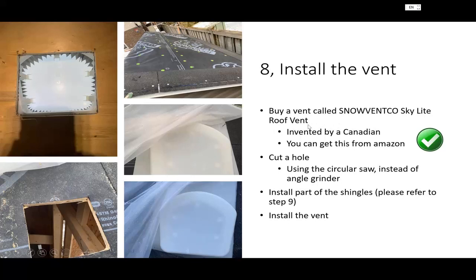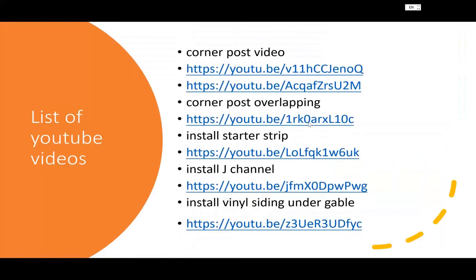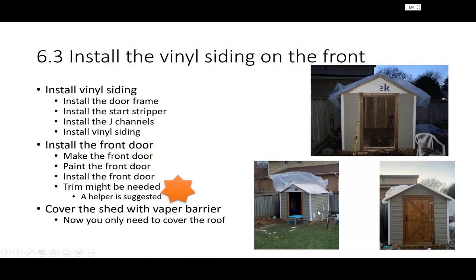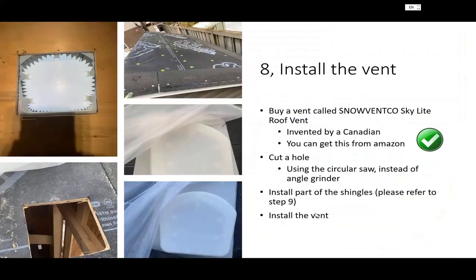One is ventilation. If you remember, we have a little vent here. This is the intake, right? So it's better that you have the wind coming out, so it makes sense to install another vent on the top for circulation.